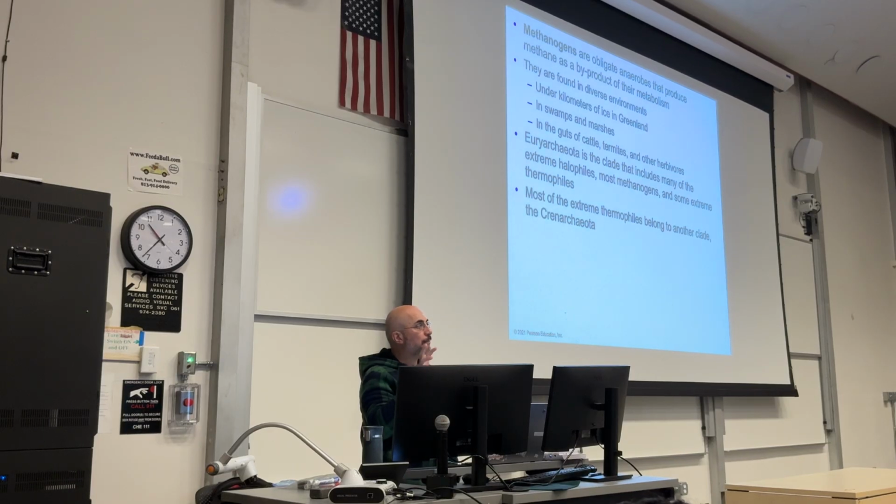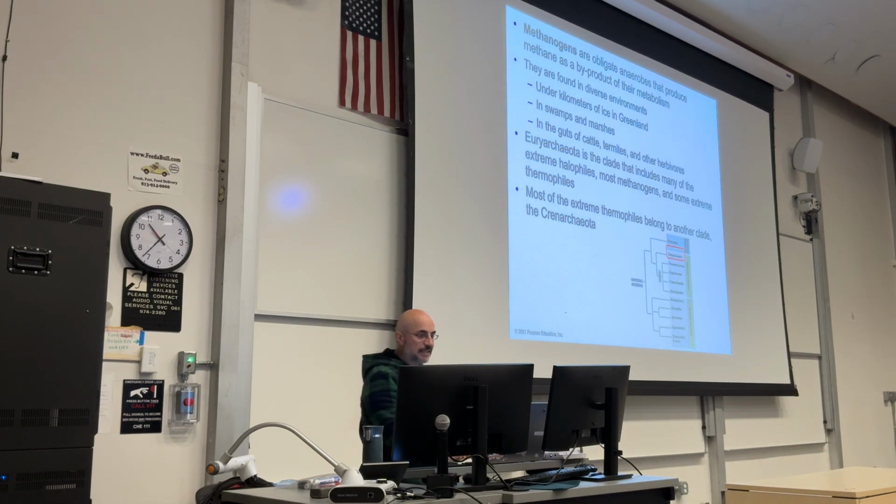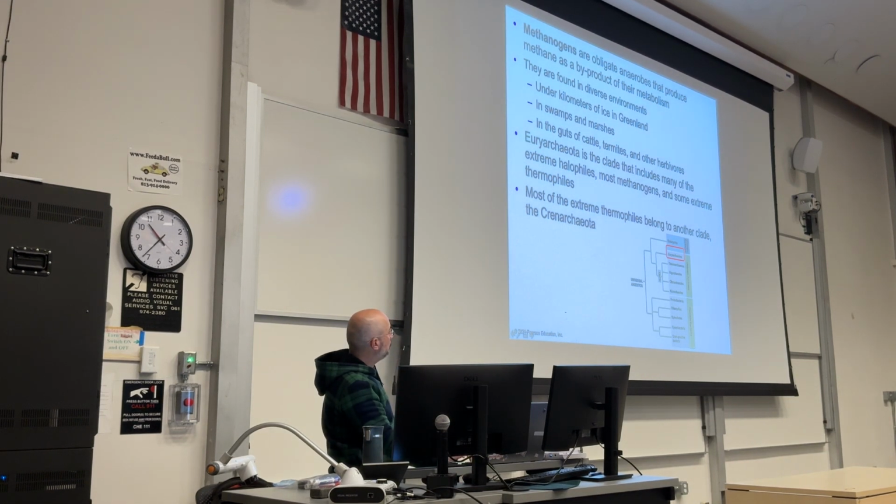And remember, one problem that we have with archaea in terms of phylogenetic relationships is that we don't have much phylogenetic resolution in this large group of archaea. We just know who the basal lineage of archaea is, which is this one over here, that includes many of the extreme halophiles, okay?